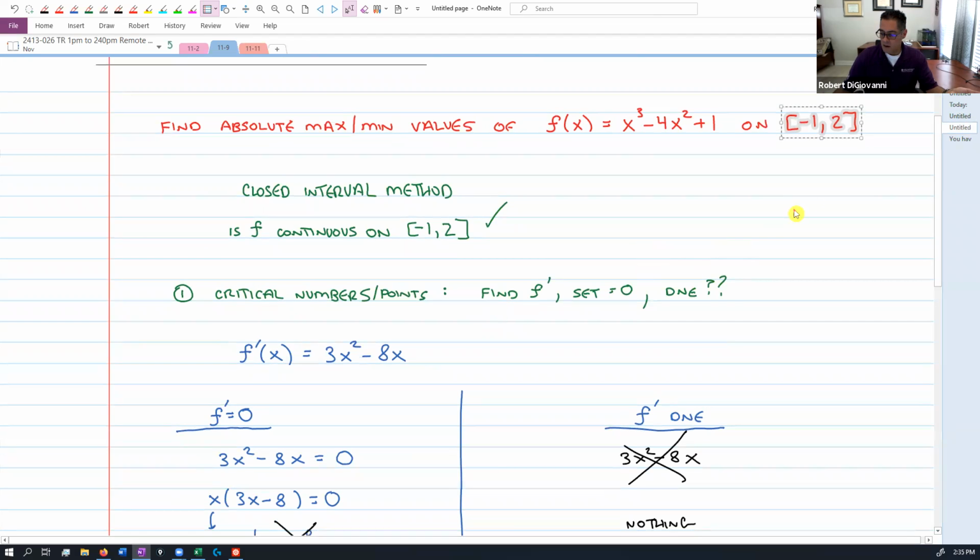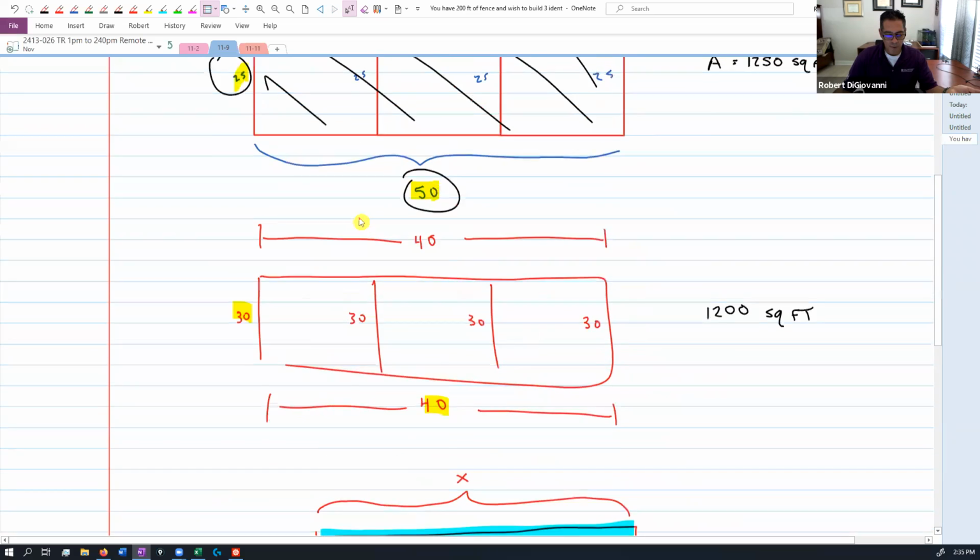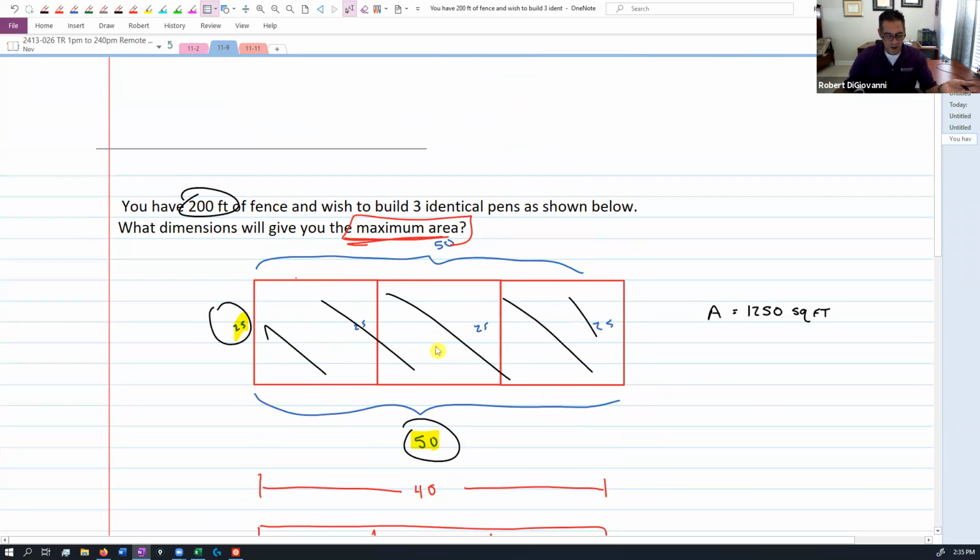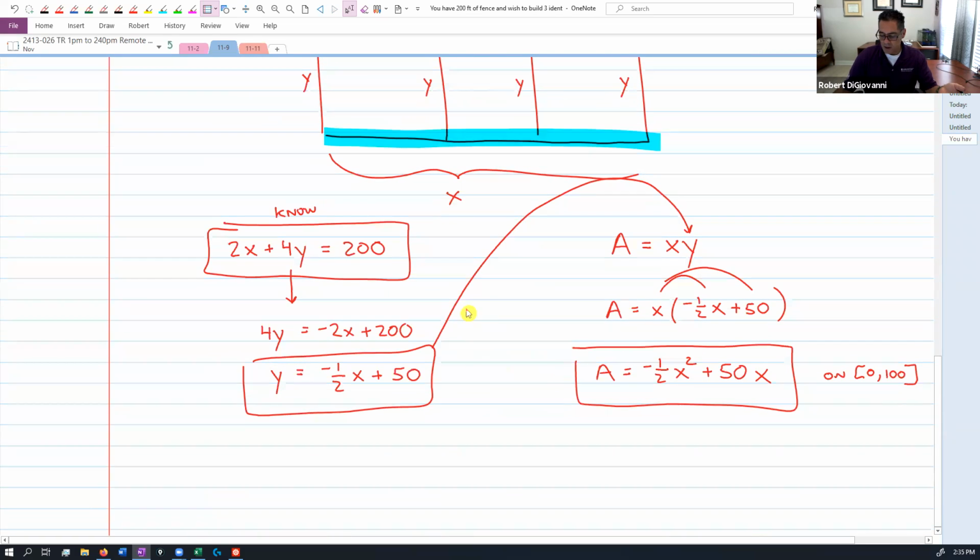Now what we've done is we've taken a word problem about a farmer wanting to build some pens with some fence, and we have converted it into a polynomial restricted to a closed interval. And we can figure out when this is the biggest and smallest possible by doing what? Taking the derivative, right? Figuring out when it's 0, figuring out when it doesn't exist, looking at the endpoints, comparing, make a list, compare them. Biggest one's your max, smallest is your min. That makes sense? I mean, just big picture.